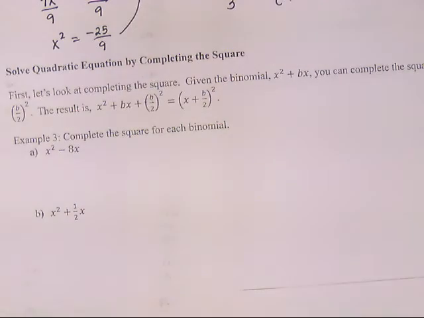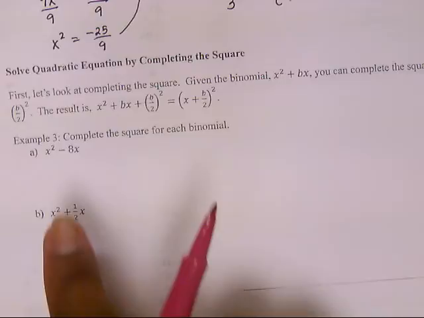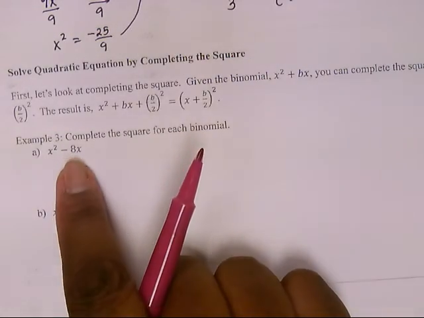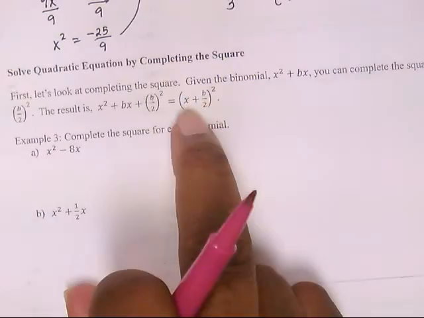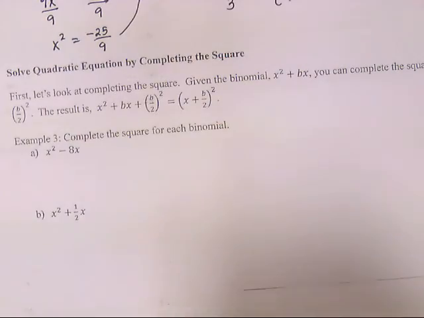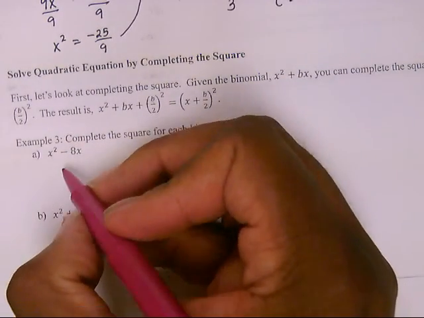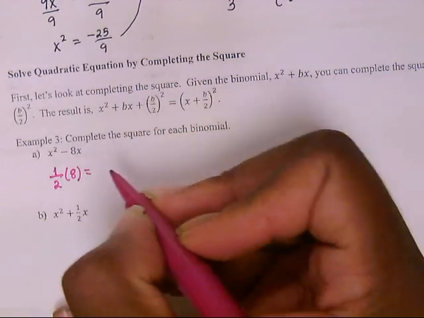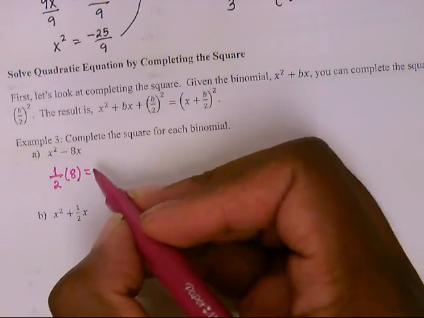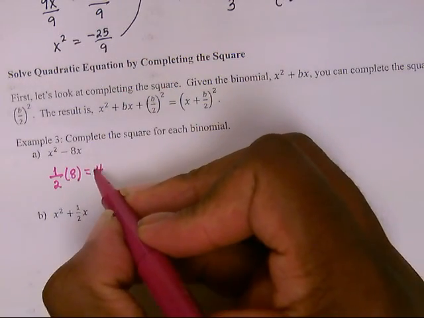Here we want to complete the square for each binomial, starting with x squared minus 8x. So here we want to find out what term we're going to need to add to x squared minus 8x. And then we're going to factor that into this form right here. In this case here, we take 1/2 the coefficient of x. So here, 1/2 of 8 will give us 4.